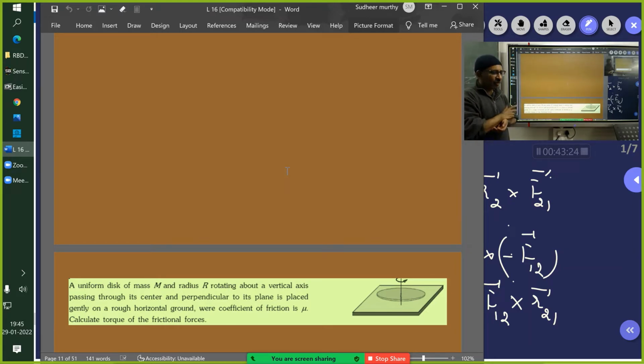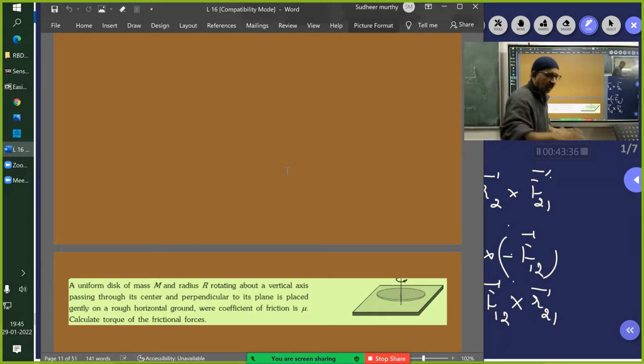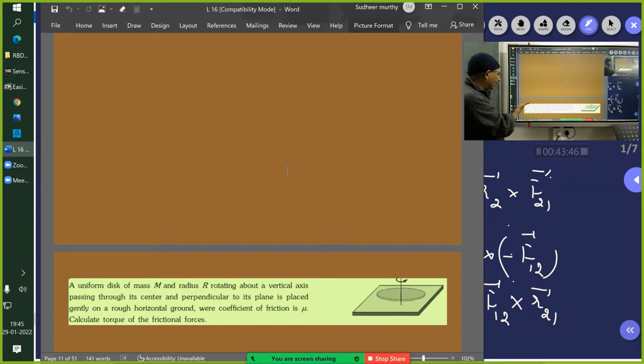You don't know whether it's sliding or not sliding. It is rotating. You didn't understand the problem. There is a disc which is rotating and you placed it on the table. After placing it on the table, it is still rotating. The axis is vertical. Once you placed it gently on the rough horizontal ground where the coefficient of friction is this, it is rotating. Even after placing, it is rotating. At least at the time of keeping, it is rotating.